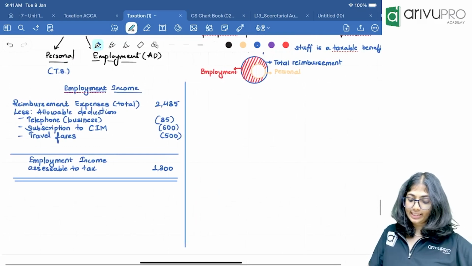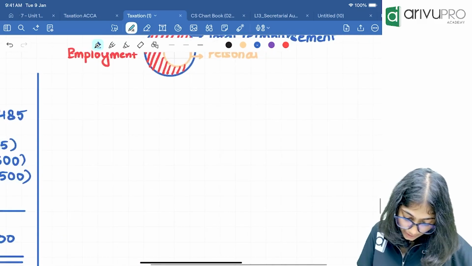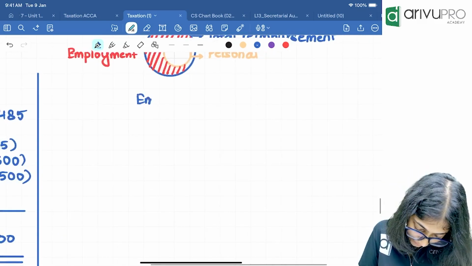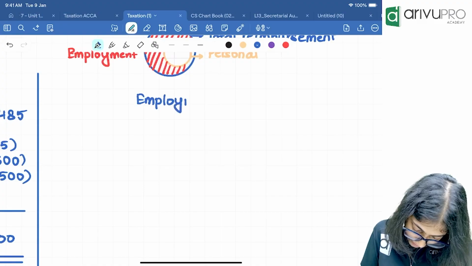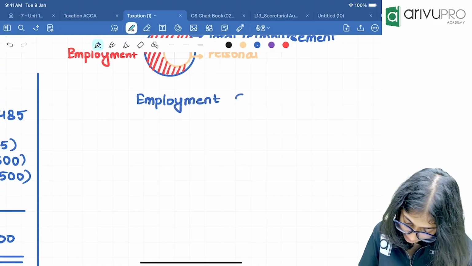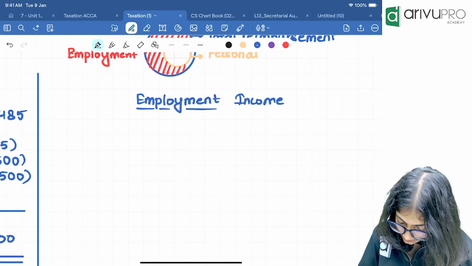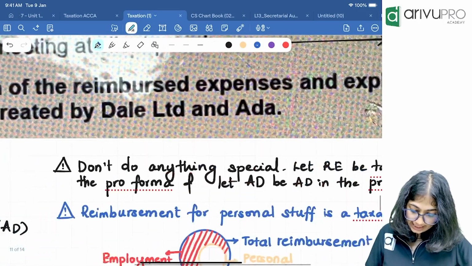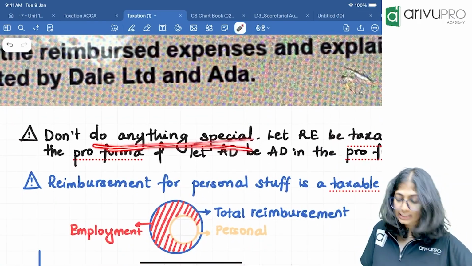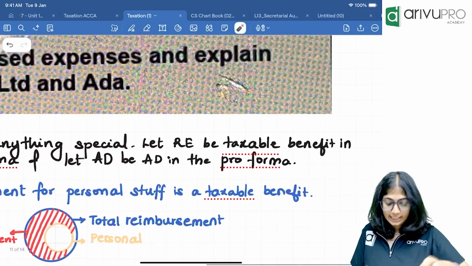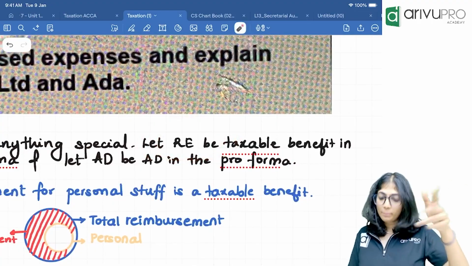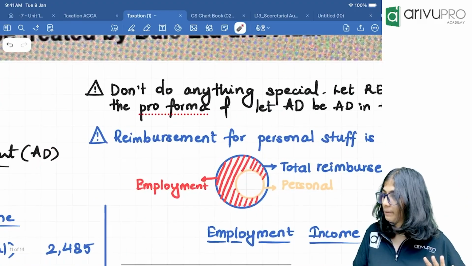Another way of seeing this is, let's make another pro forma. I hope this method is clear. The first method basically says, don't do anything special. If it's a total reimbursement amount, you put it as taxable benefit as usual.